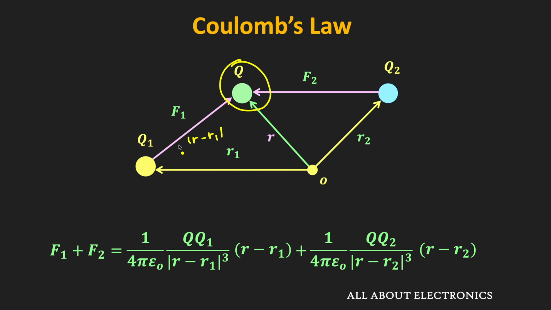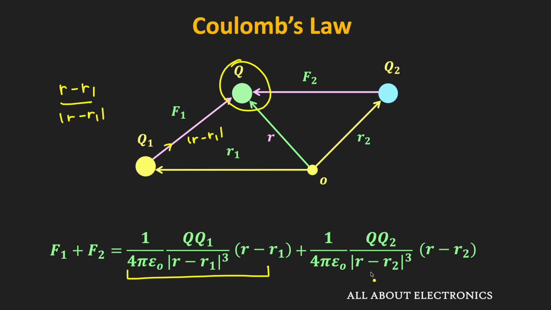And here the unit vector in the direction of this force is equal to this r minus r1 divided by its magnitude. So that is why here in the denominator we will have the magnitude of this r minus r1 whole cube. So along with the unit vector, this is the expression of the force F1, and likewise this is the expression of the force F2.